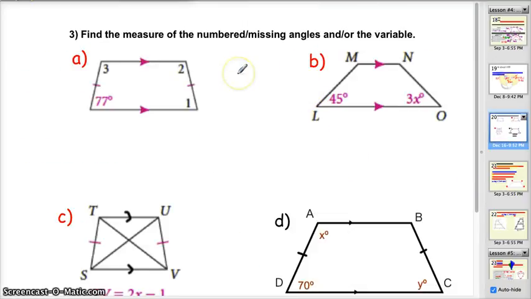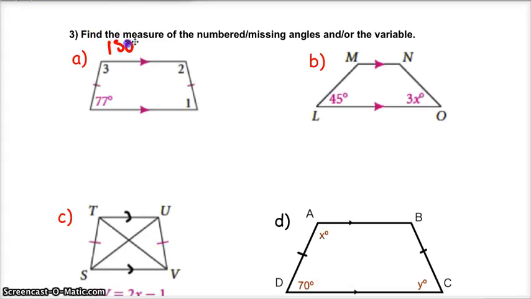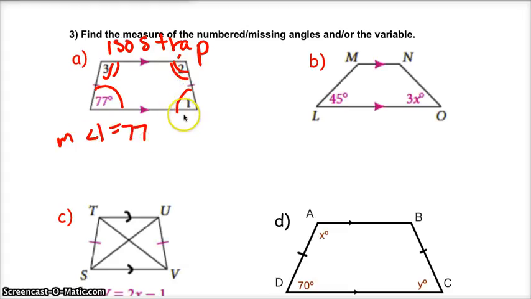So some problems here. It says find the measure of the numbered or missing angles and or the variable. So this particular diagram is an isosceles trapezoid. In an isosceles trapezoid, we know that the base angles are congruent, and we know that the upper base angles are congruent. So that means that angle 1 is equal to 77 because it's congruent to that other lower base angle.